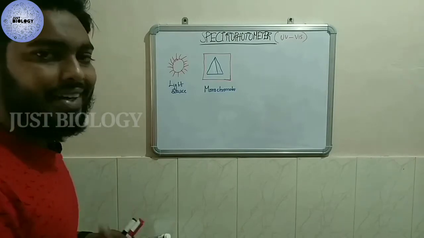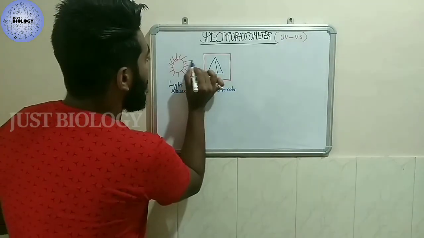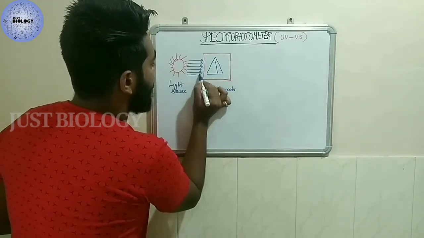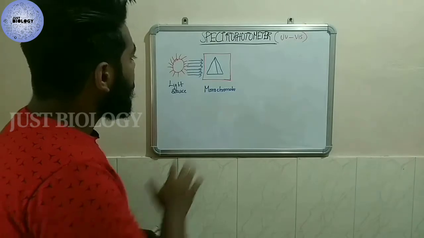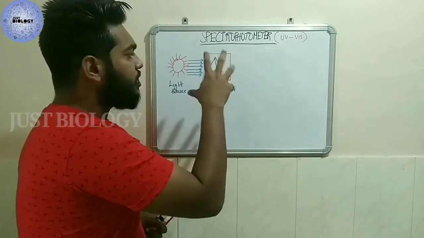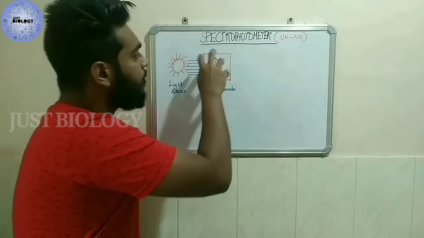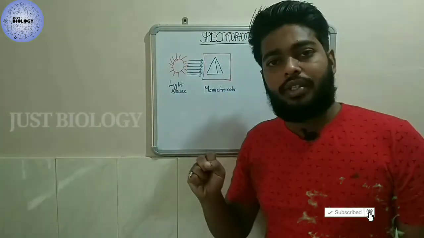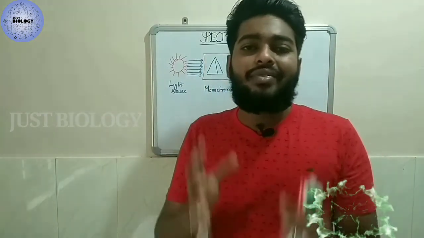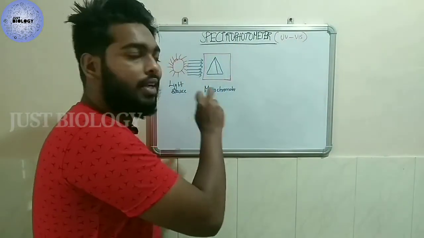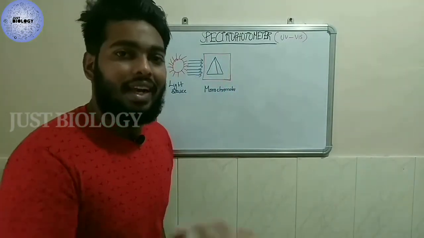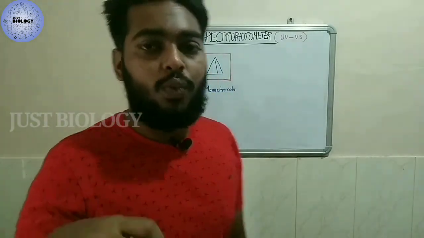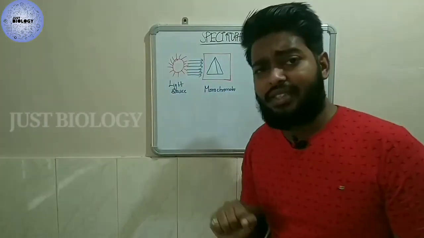So what the monochromator actually does, as I just said. So this is the light ray, and let's focus on the prism. The prism will take in the light which is emitted from the light source, and based on the wavelength, it will diffract that light. So that is the idea. So here the prism will diffract the light which is emitted from the light source.